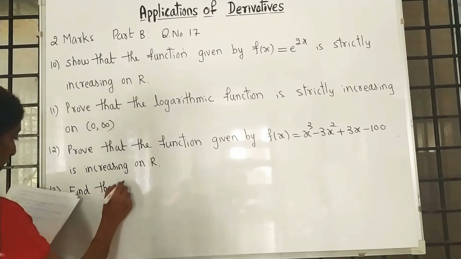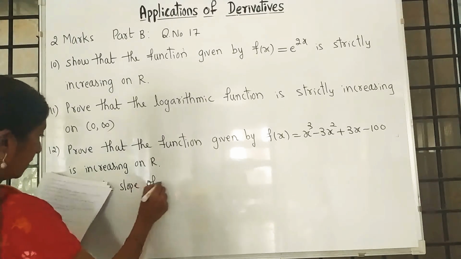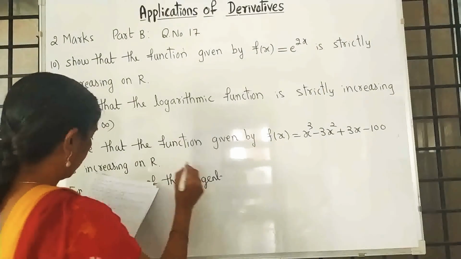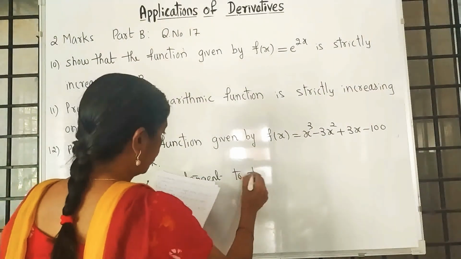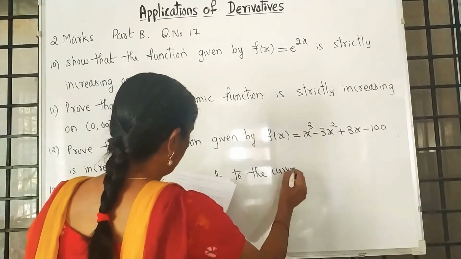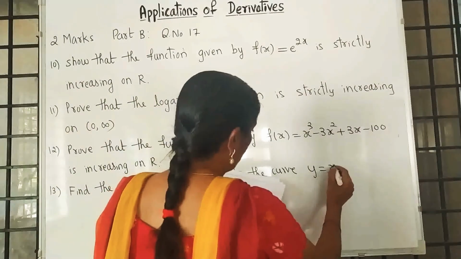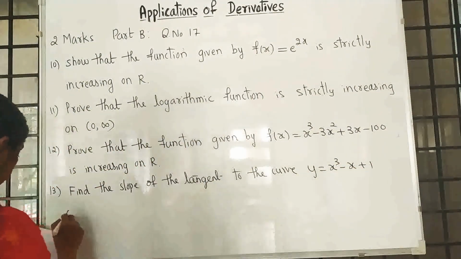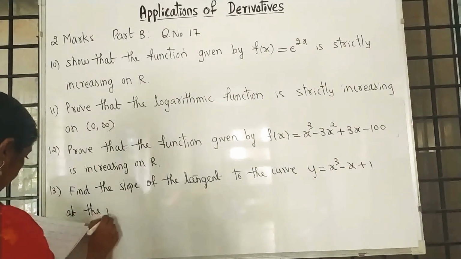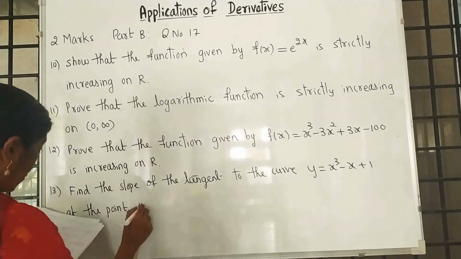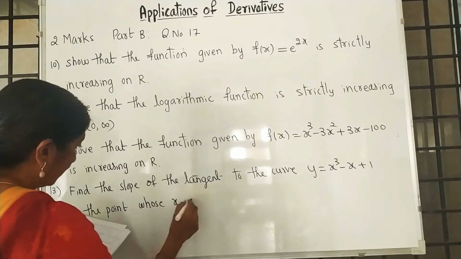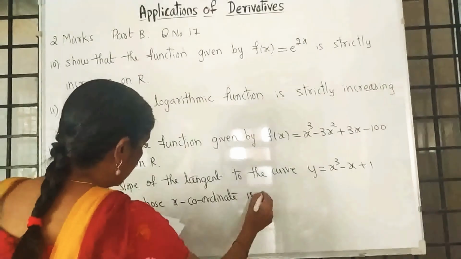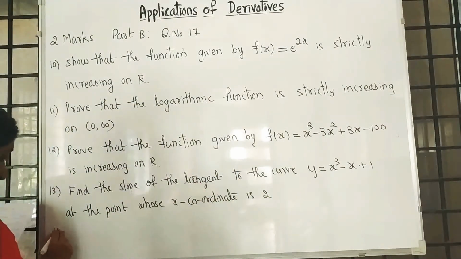Find the slope of the tangent to the curve y is equal to x cube minus x plus 1 at the point whose x coordinate is 2.